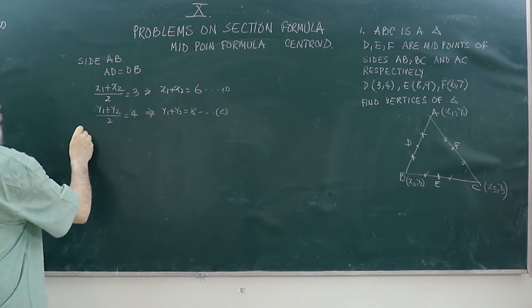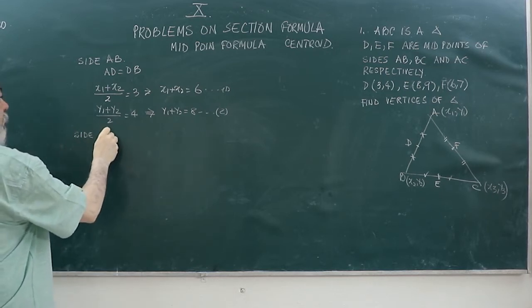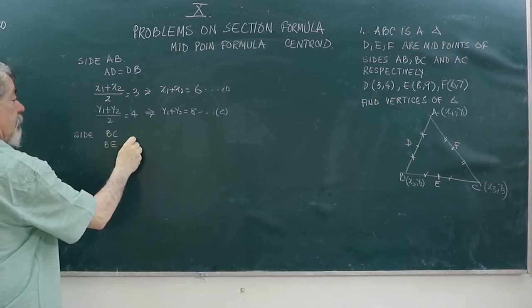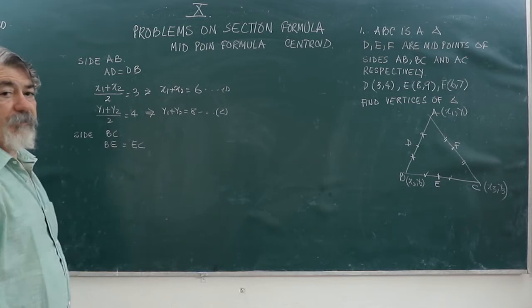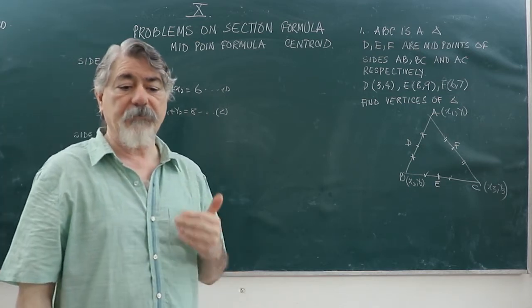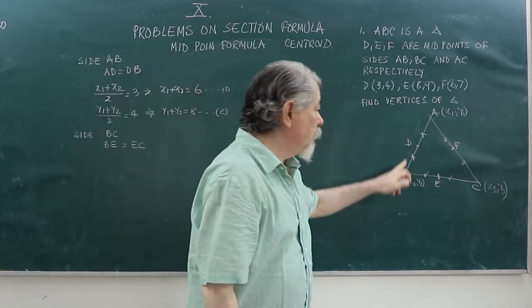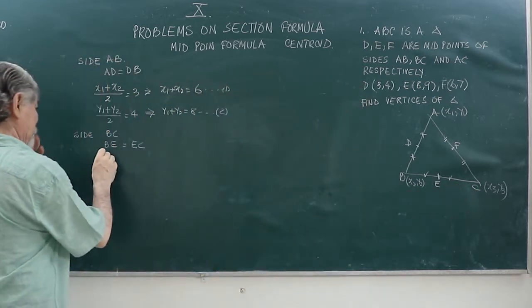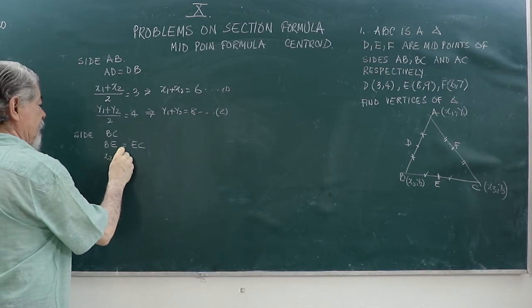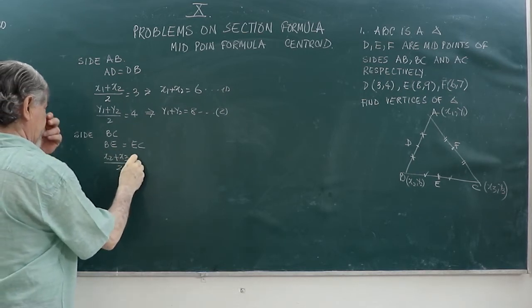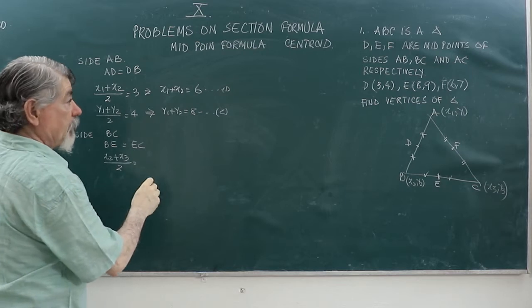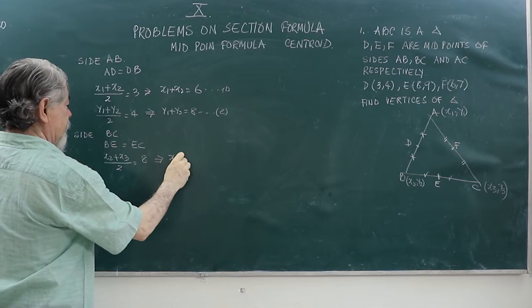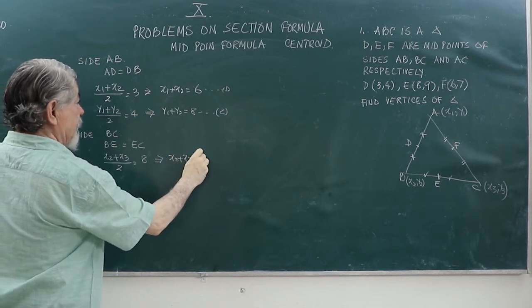Similarly, let's take side BC. In the side BC, BE is equal to EC because E is the midpoint. So again we will apply the midpoint formula to BC. (x2 plus x3) upon 2 will be equal to 8, which implies x2 plus x3 equals 16.